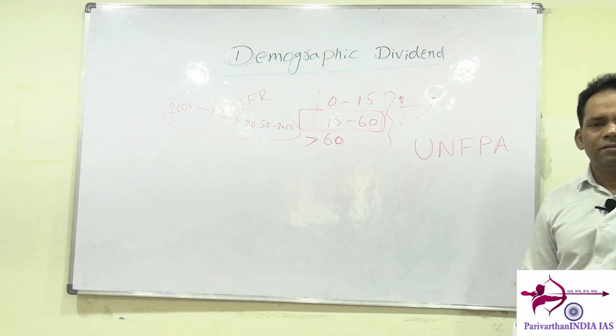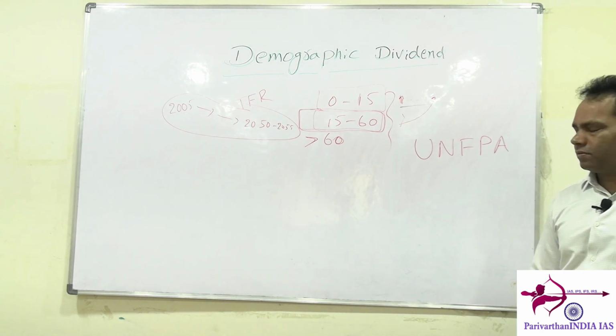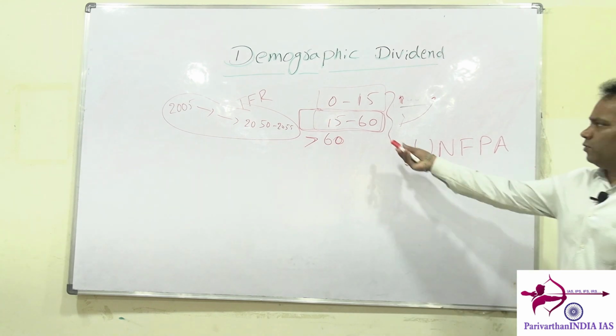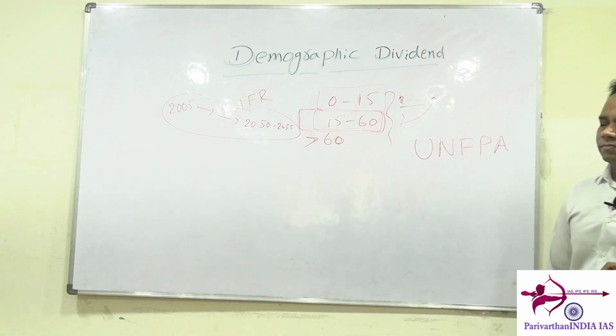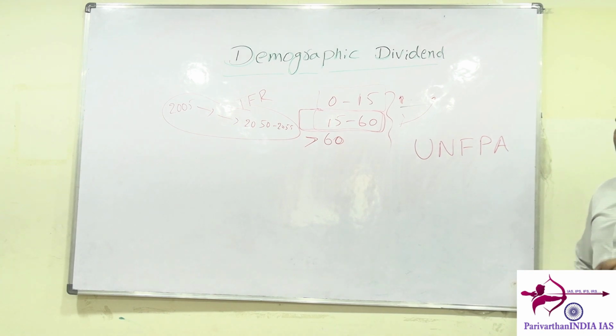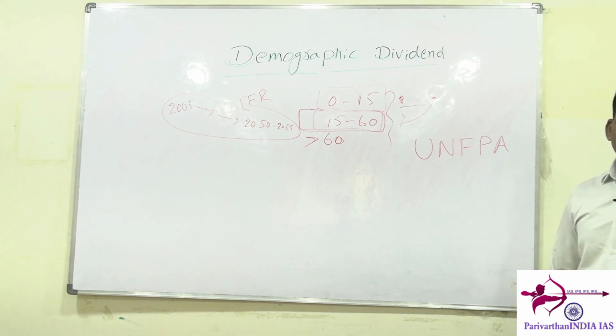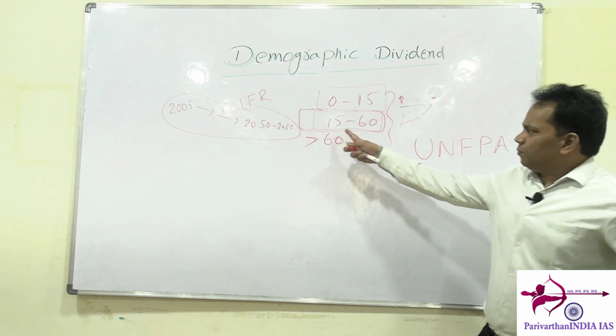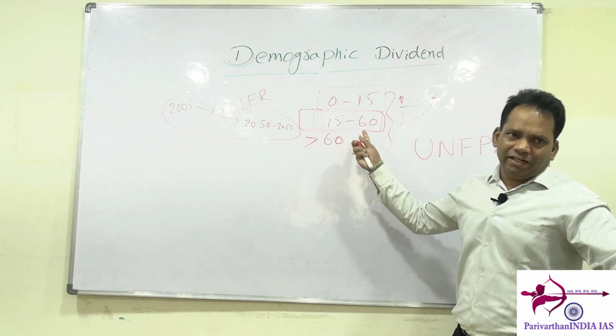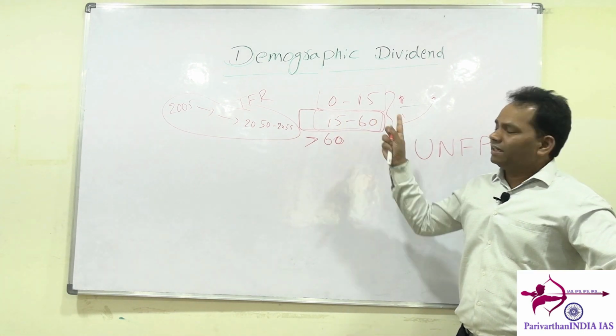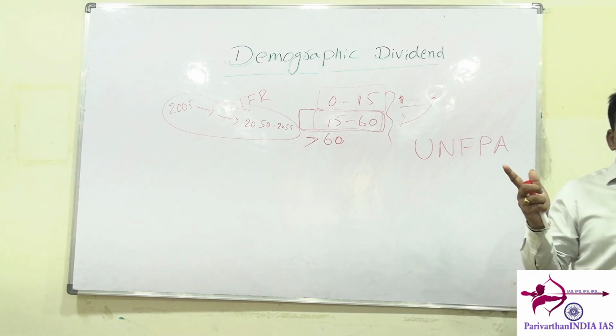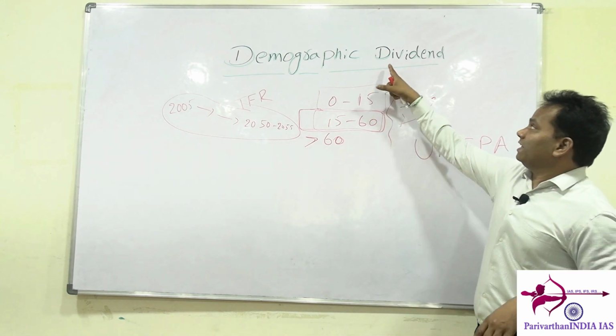This age group is known as the working population. Right? Because the working population increases, they increase the economic opportunities. That's why this is known as demographic dividend.